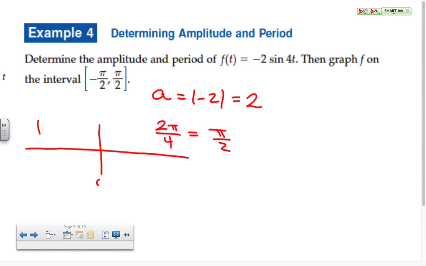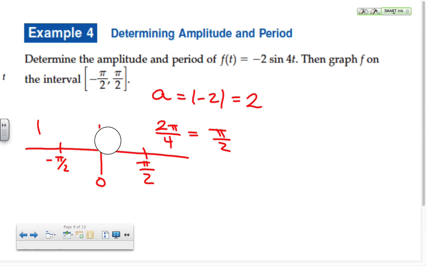I'm going to go here, 0, and I'm going to put negative pi over 2 here, and pi over 2 here. Now, first of all, it's inverted, so instead of going up and down, we're going to be going down and then up.